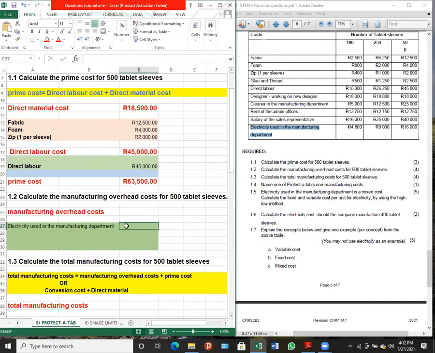Increase my table. With how much? Next. And then what else?